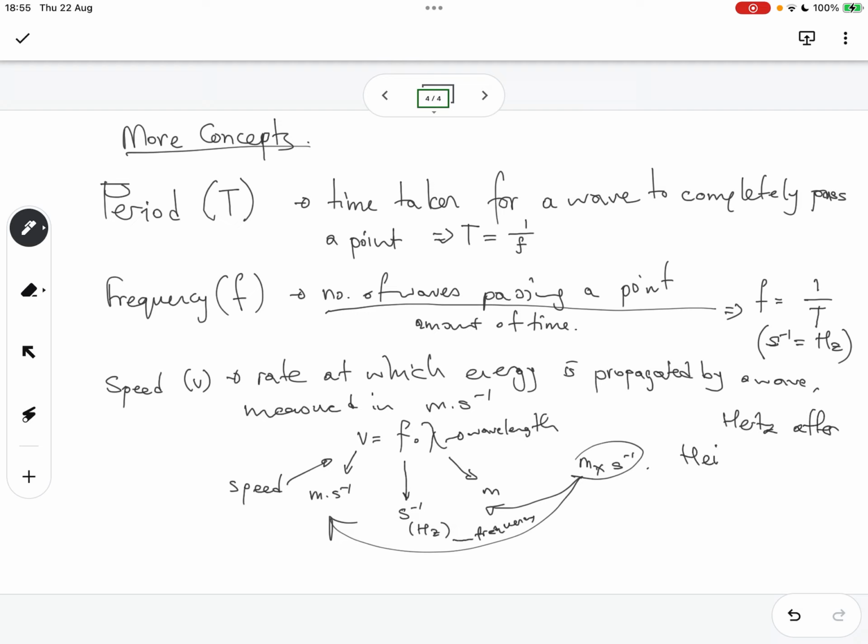He lived in the 1800s, from 1857 to 1894, and he was the first person to provide conclusive proof of the existence of electromagnetic waves.